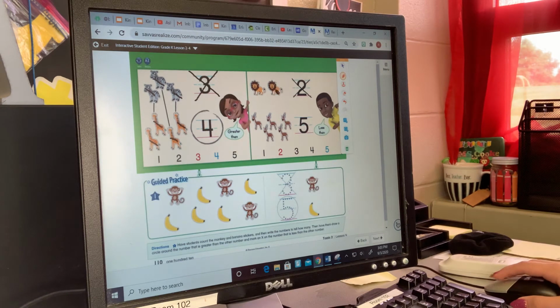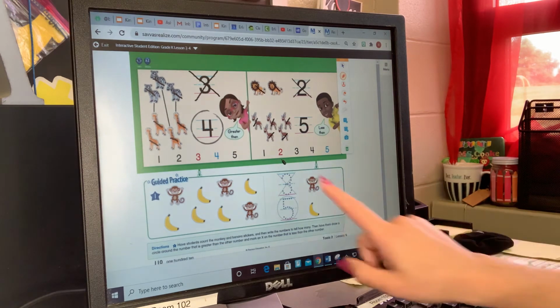Okay? So then her friend did the same thing with a different group of stickers. He had 2 lions, 1, 2, and wrote the number 2. And then 1, 2, 3, 4, 5. He wrote the number 5. He also used the number line to help him decide which number was greater than and which number was less than.